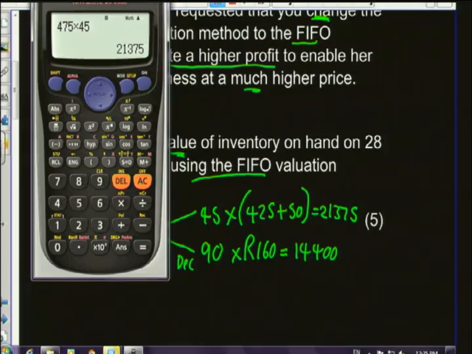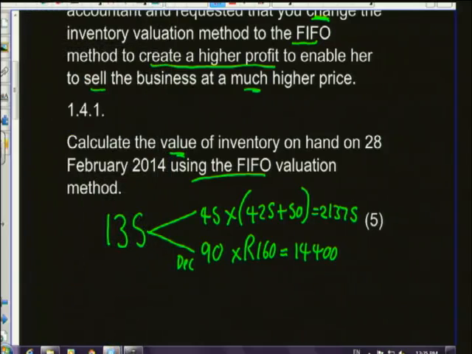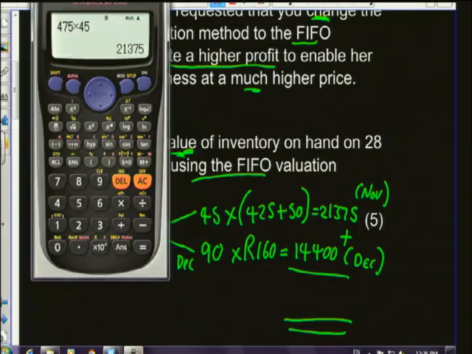21,375. Okay, right. All that's left for me to do, what is the value of my inventory? All I'm doing now, guys, is I'm adding. So the 21,375, which is obviously the value of goods unsold for November's purchase, I'm going to add 14,400, which is the value of unsold goods for December's purchase, and that's going to give me my value of closing stock using the FIFO valuation method.